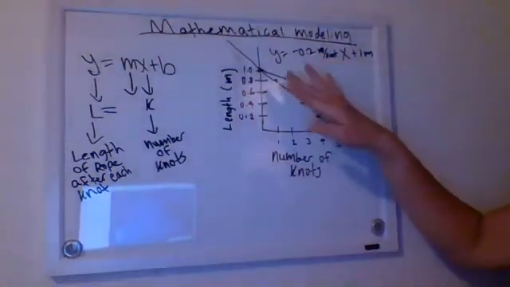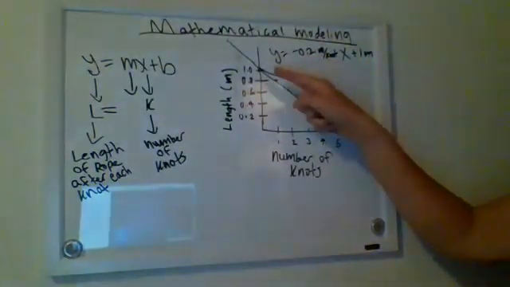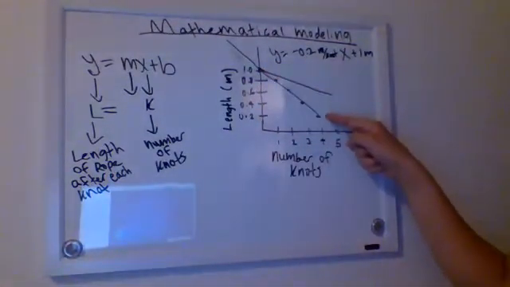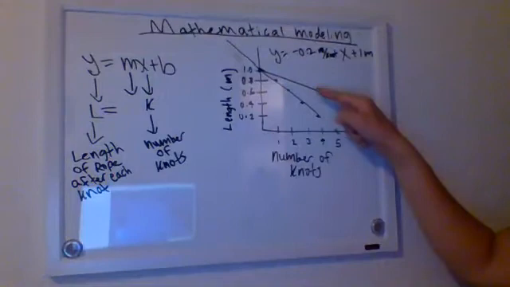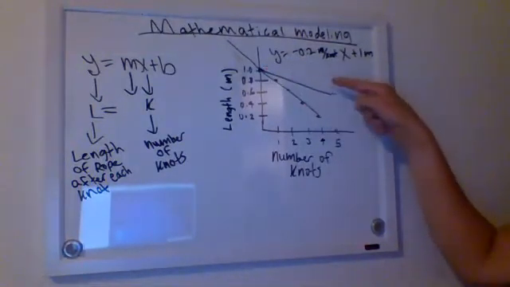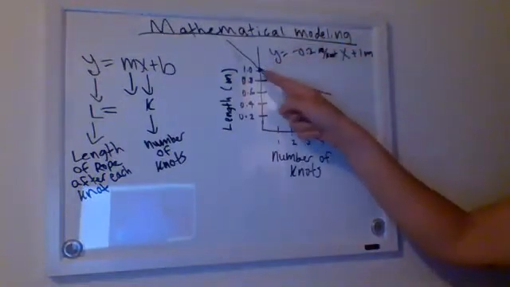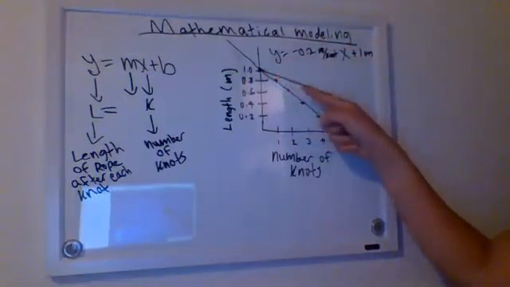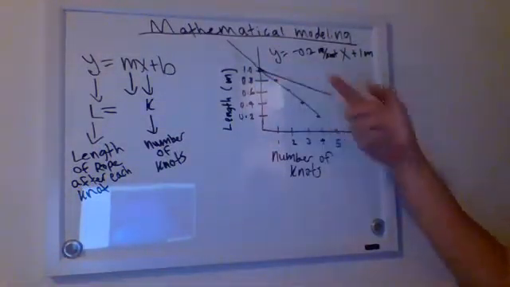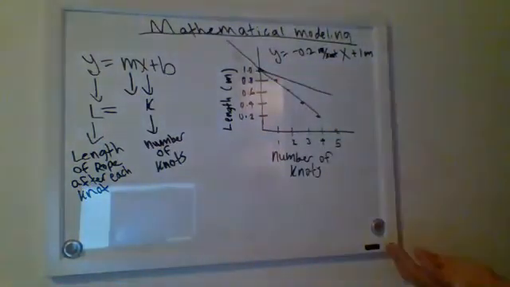But every knot makes the length of the rope go down by the same amount. And so if you have a smaller diameter rope, it makes it go down by the same amount but less. Bigger diameter rope, it makes it go down by more. So we could call that the rate of decrease of the rope per knot.